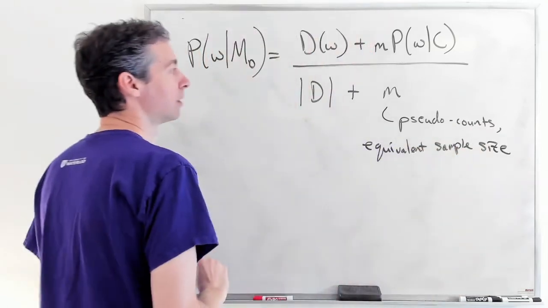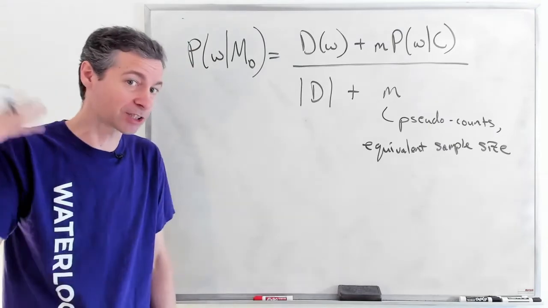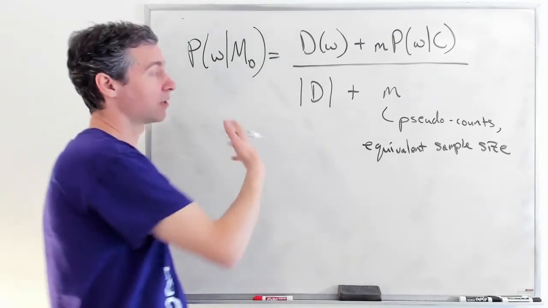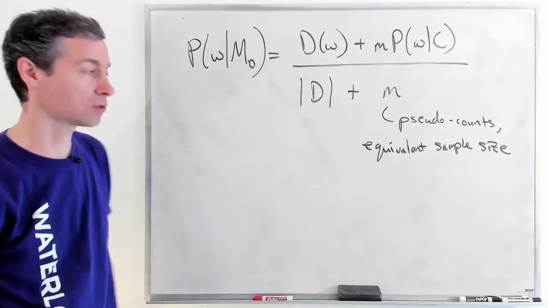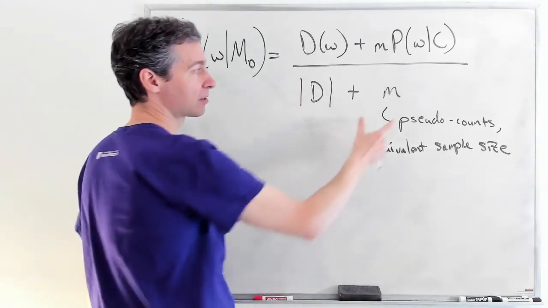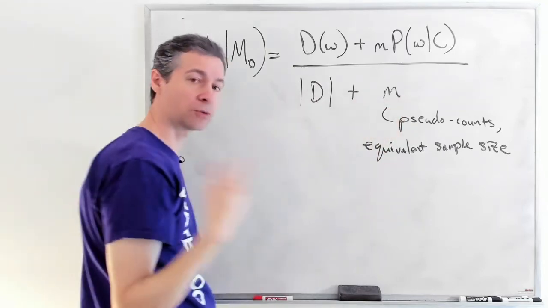And so it's like, wow, Mark, that looks a lot like the previous formula. Absolutely. So we've replaced the size of the vocabulary here with how many pseudo counts we want to use.